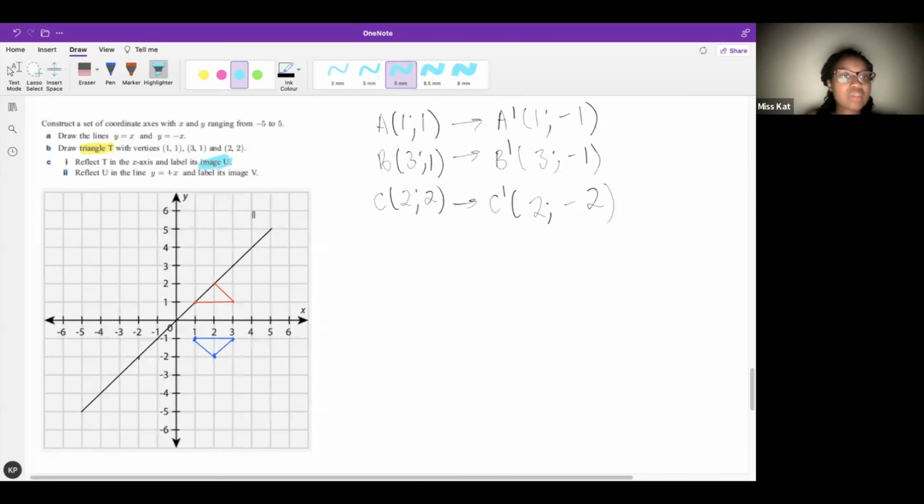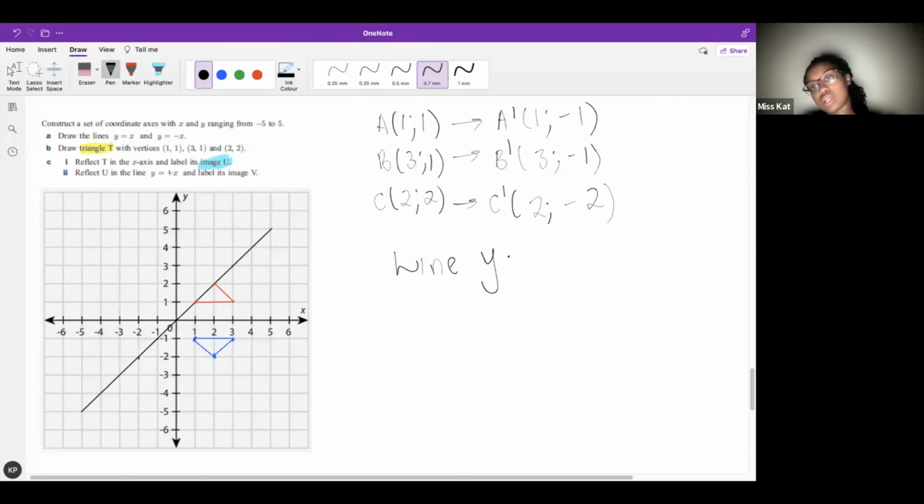Now they say take U and reflect it on the line y equals x. So now we're going to take these coordinates. I'm sorry. Okay. So we're going to reflect these coordinates on the line y equals x.